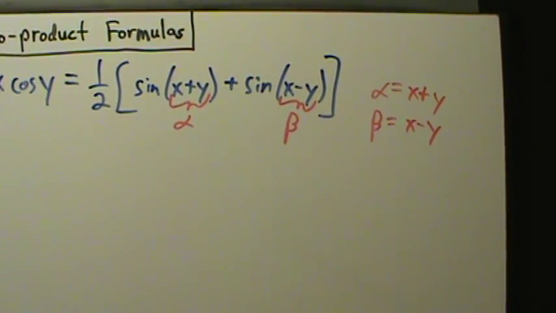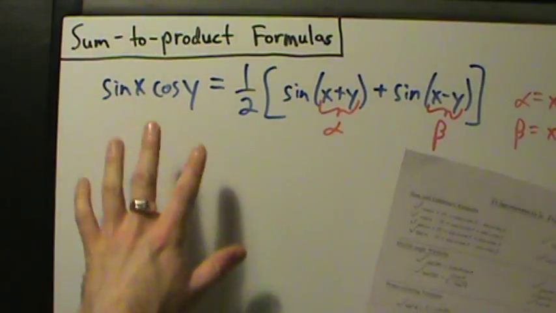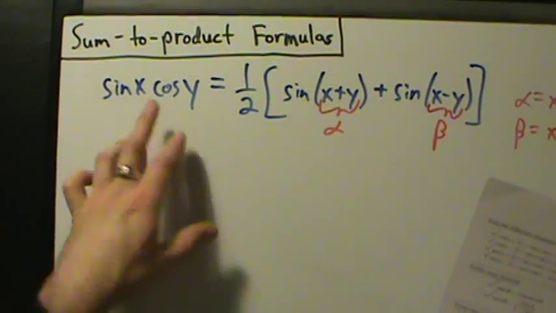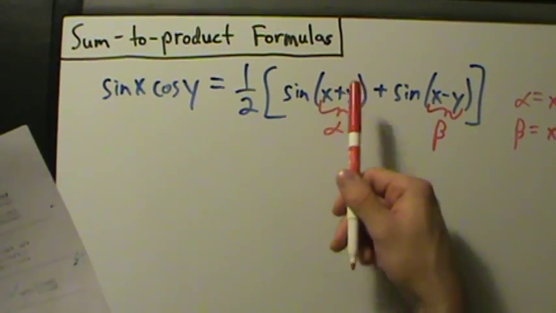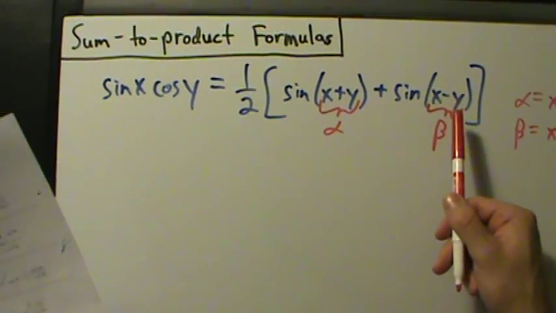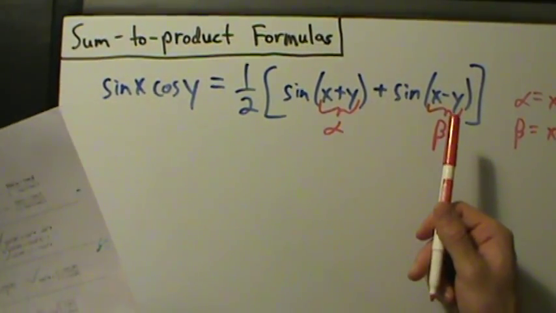That's the idea. To establish these sum to product formulas, we take the product to sum formulas, rewrite them using x's and y's, and then make this substitution. We call this whole thing alpha and this whole thing beta, and then express everything in terms of alphas and betas instead of x's and y's.